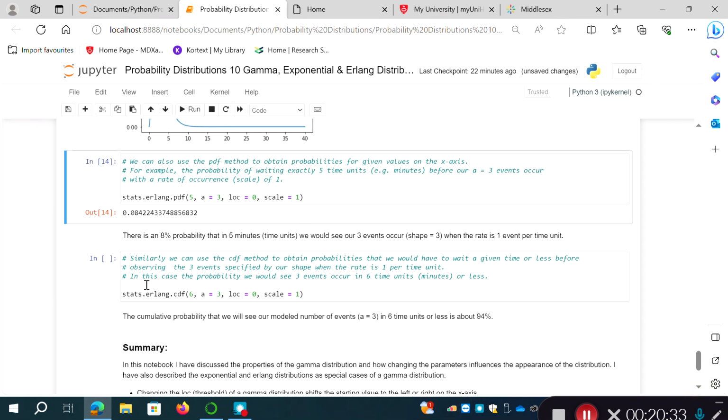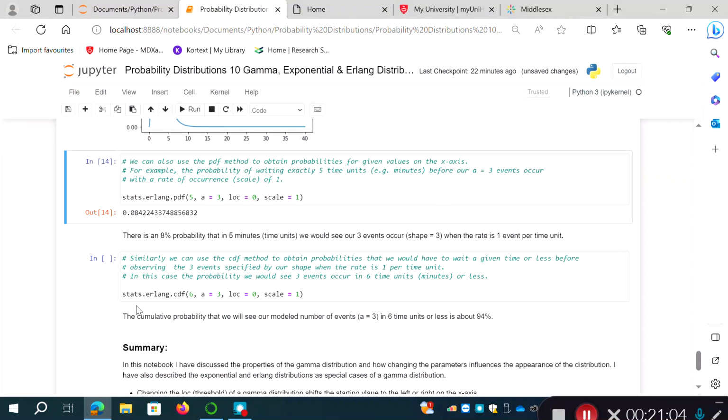Okay, the last one we'll demonstrate is the cumulative density function, CDF. We can use that method to obtain probabilities that we'd have to wait a given time or less before observing, say, 3 events, the 3 events specified by our shape when the rate is 1 per time unit. In this case, the probability we would see 3 events occur in 6 time units or less is what I'm going to pass as the argument.